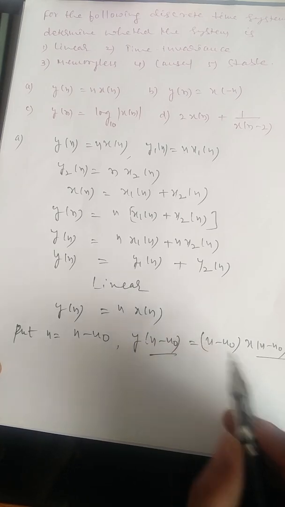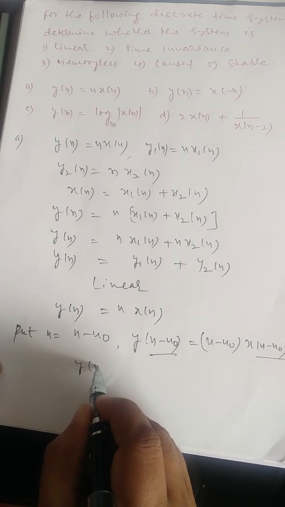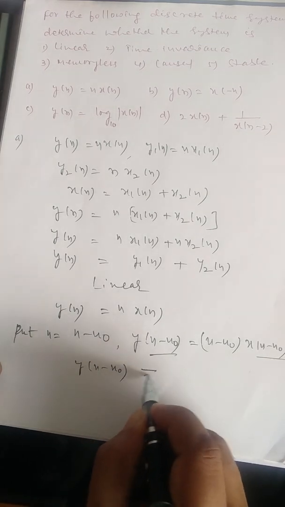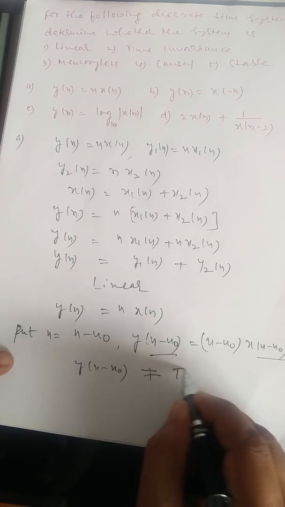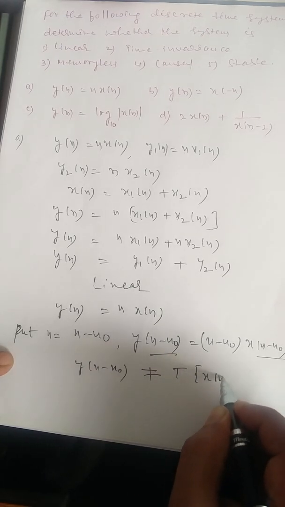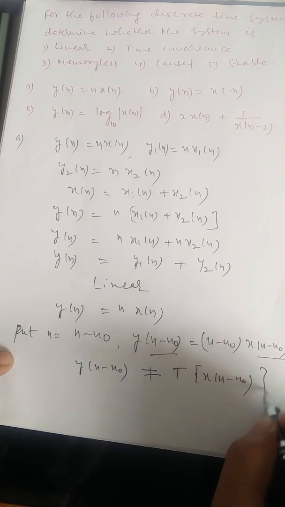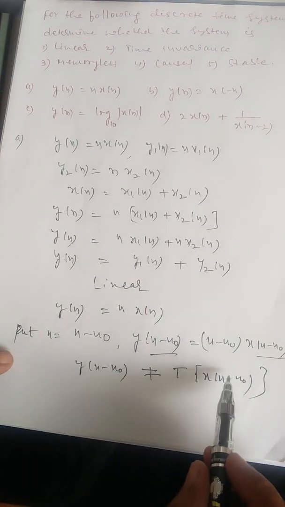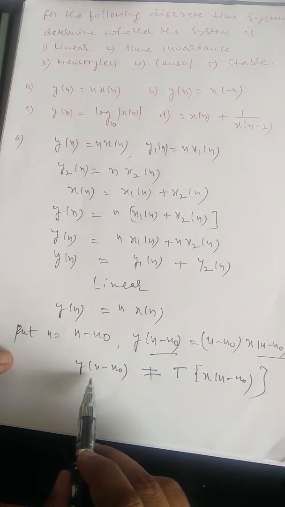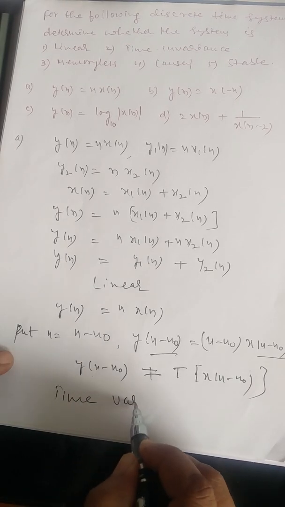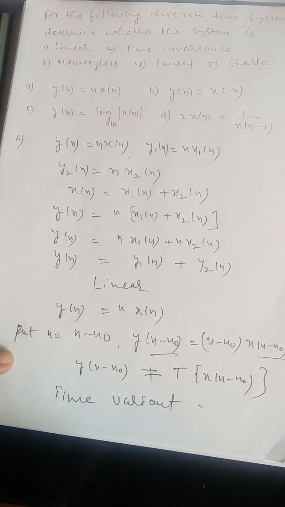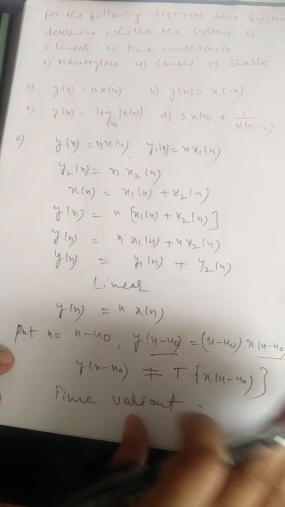You can say that y of n minus n naught is not the same as T of x of n minus n naught, because when the operation is done on the delayed input signal, it is not the same as the delayed version of the output. Hence you can say that it is time variant.